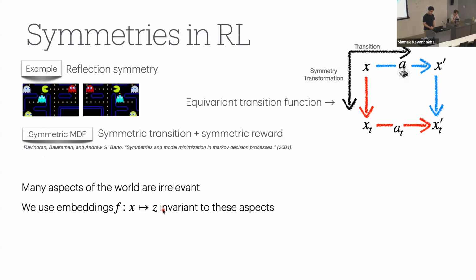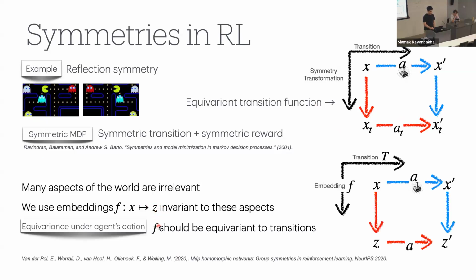And as soon as you have an embedding, you have a latent variable, you want the transitions in that latent space to be compatible with transitions in the observation space, meaning that if you go to the embedding space and then there take an action, it should be the same as first taking an action and then going to the latent space. So you have two different diagrams that should commute.